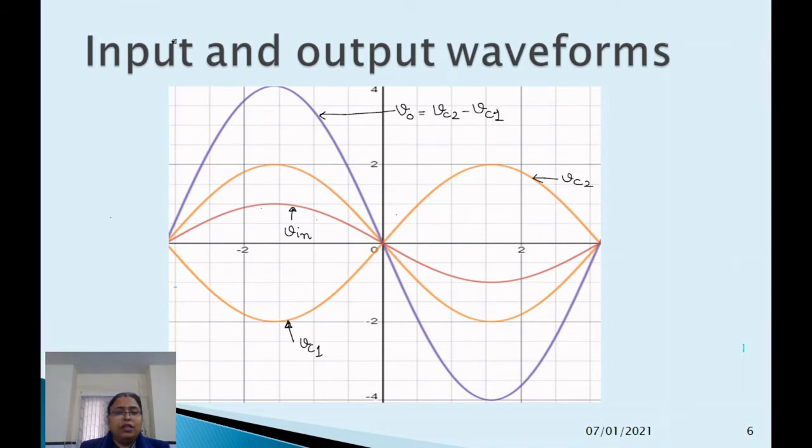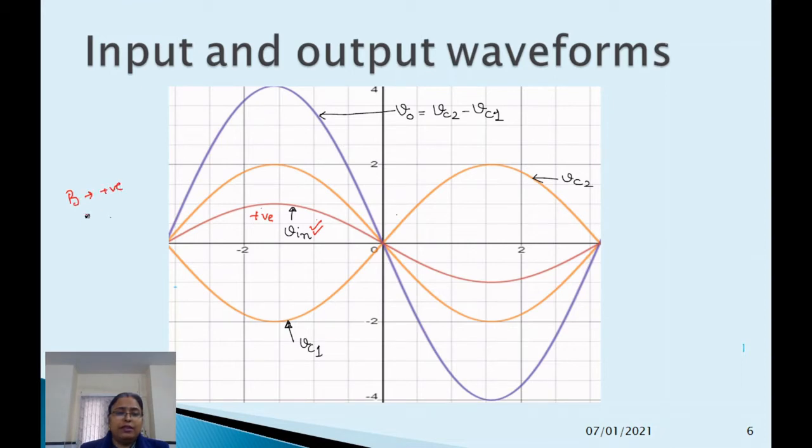This is the Vin, that is the input applied at the B1 of Q1. So during the positive half cycle of this Vin, what happens? It is applied at the base of transistor Q1. So the base of the transistor will become positive.